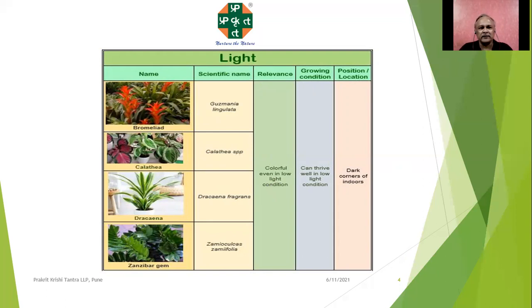But different parts of the leaves have different color, so it gives a beautiful aesthetic view. And growing condition, these can thrive well in low light condition. So if any dark corners are there inside the home, in those places it can be placed where it gives the color, and it beautifies the place.